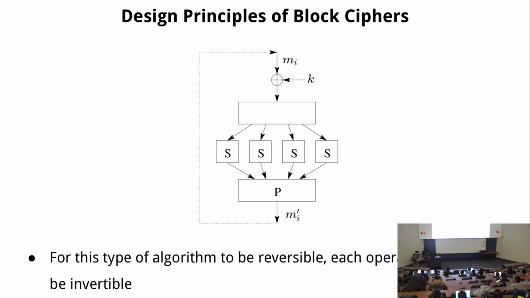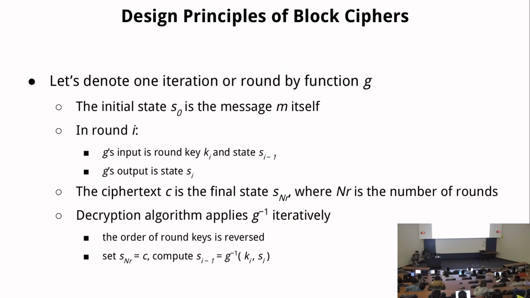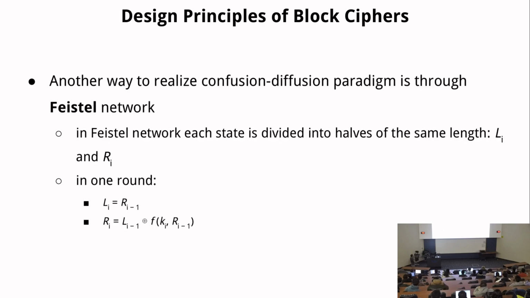After that, we rearrange their positions, and to do that, we follow a rule specified in a P table, a permutation table. So that's the basic step. Then we do this multiple times. Most block ciphers are designed following this structure. So I will just skip the formal definition part.